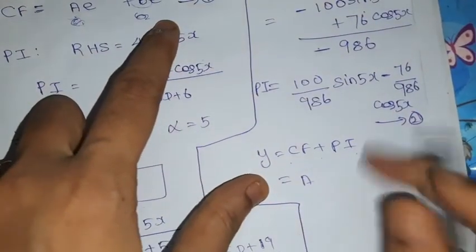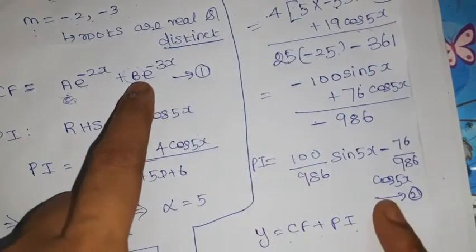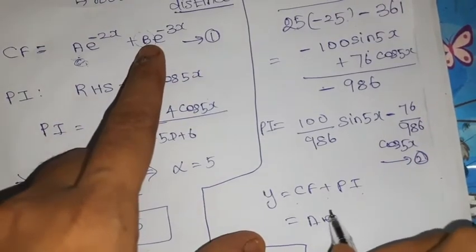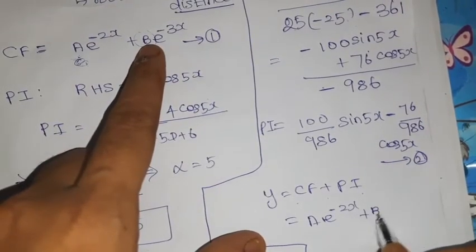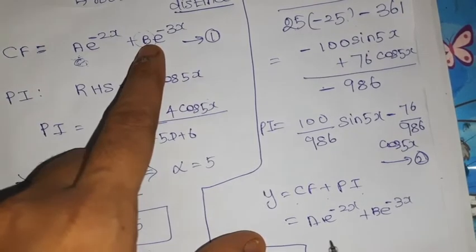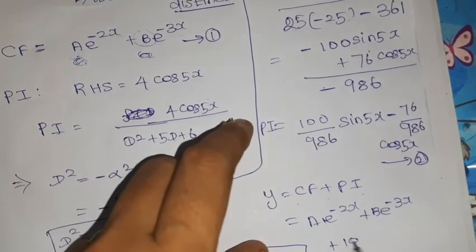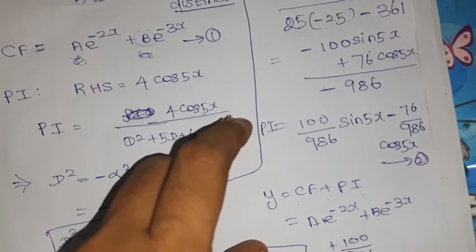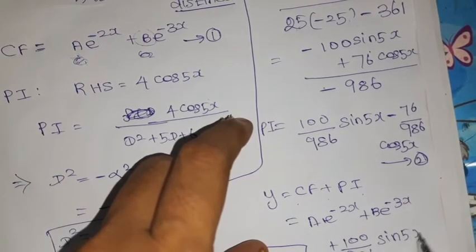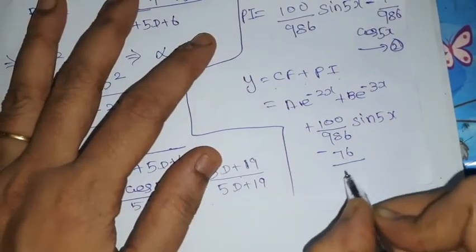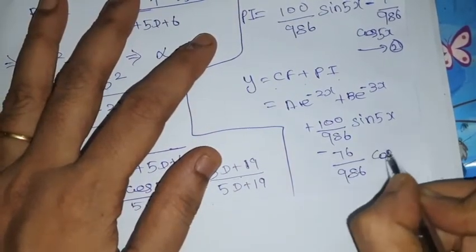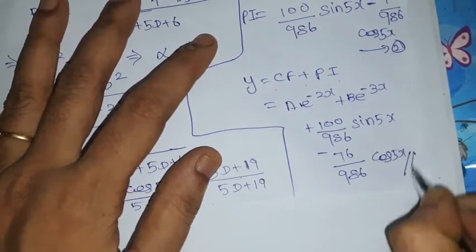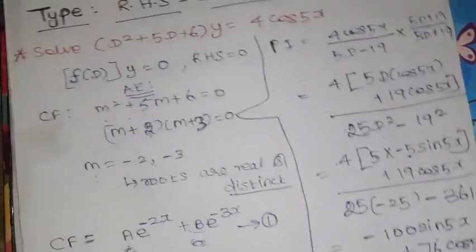So by adding equations 1 and 2, we get the solution: A e power minus 2x plus b e power minus 3x plus the particular integral, 900 by 986 sin 5x minus 76 by 986 cos 5x. So this is the solution for this type of function.